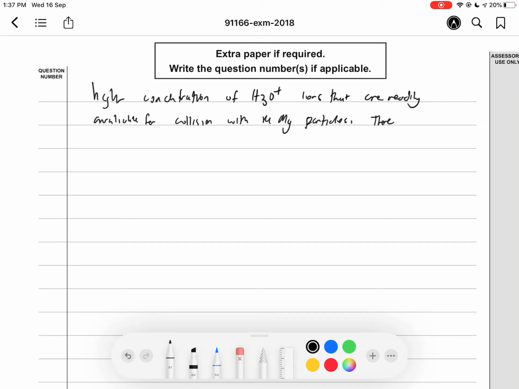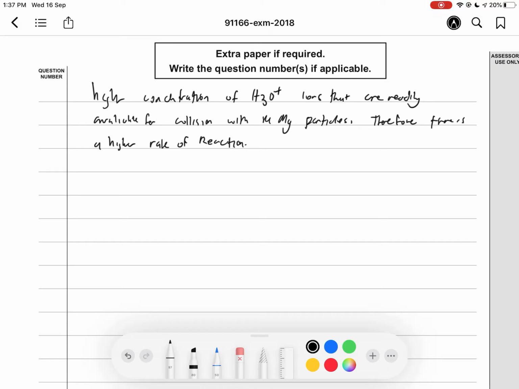We don't have to go into too much detail because this is the acid-base section. So we can directly link this to, therefore, there is a higher rate of reaction. And that's all we need for this question.